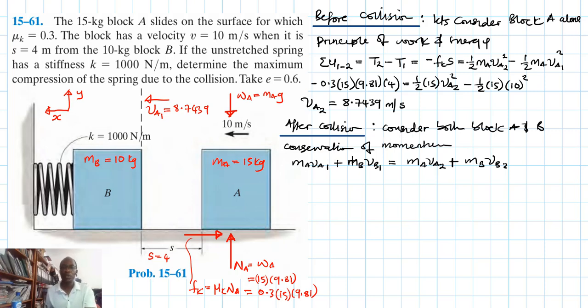But we do know that this part here is 0 because our VB1 is equal to 0.